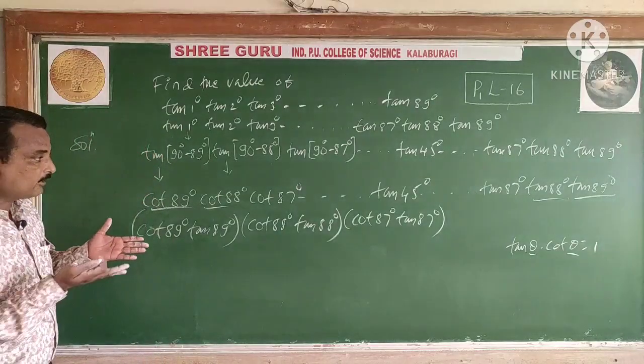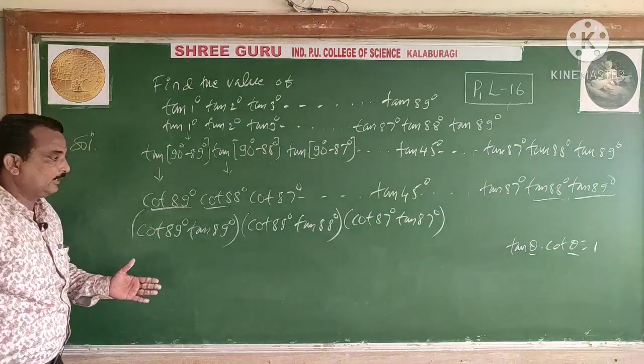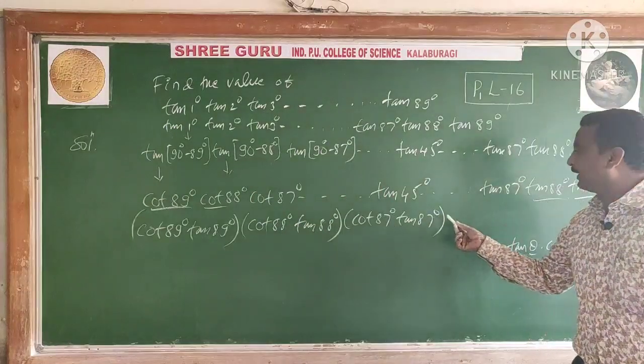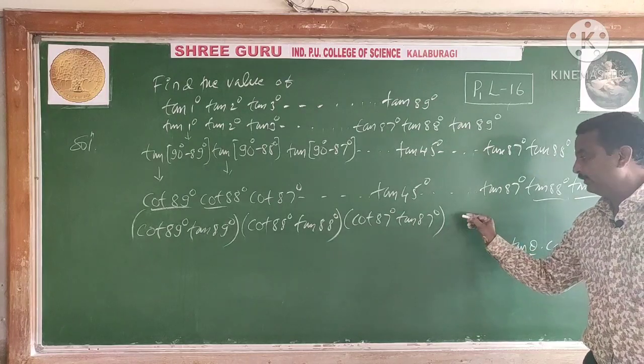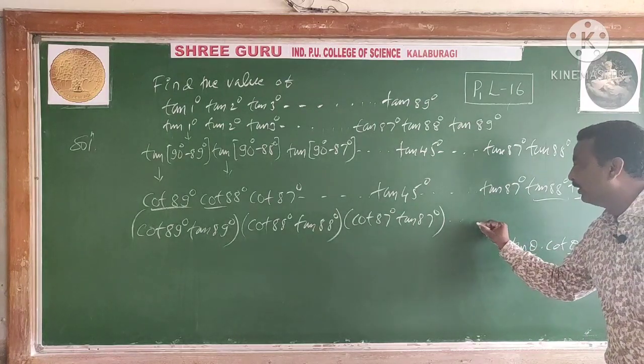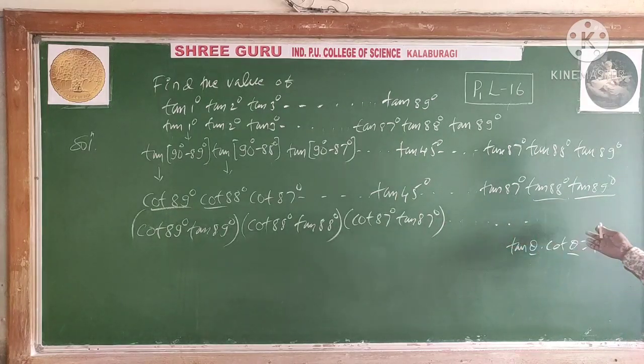All the terms form pairs of such type with the same angles, tan into cot, tan into cot. What will the next pair be? Cot 86, tan 86. Yes. Next 85, tan 85, cot 85. Then cot 84, tan 84. Like that you have the pairs of terms.